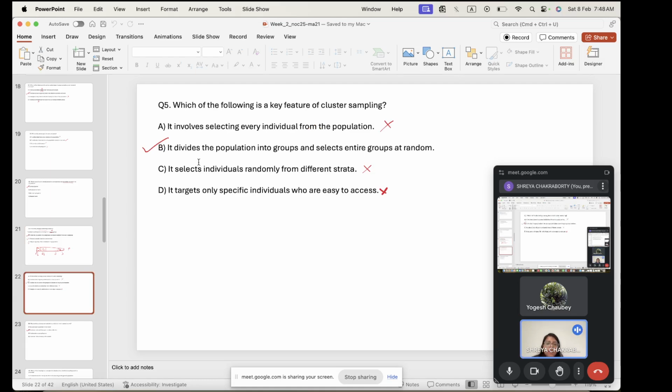It's similar: you put the population into groups and then select entire groups, not samples from within groups. In stratified sampling, you categorize and then select samples from each of the categories. But in cluster sampling, you make groups and then select one group at random. All individuals that fall in that group will come into your sample.